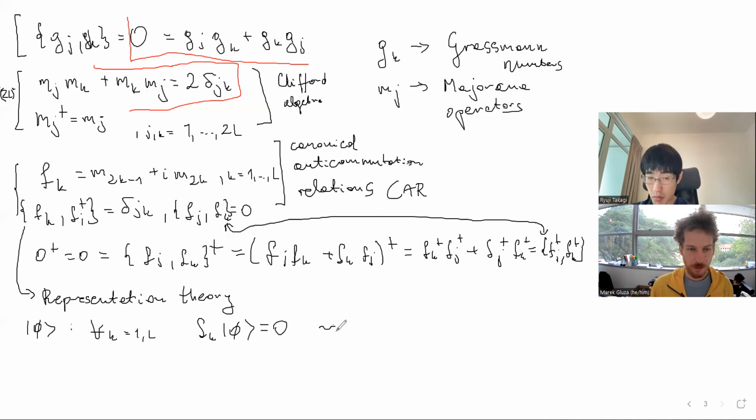So we can write this that psi is in the intersection from k equals 1 until L of the kernel of f_k.